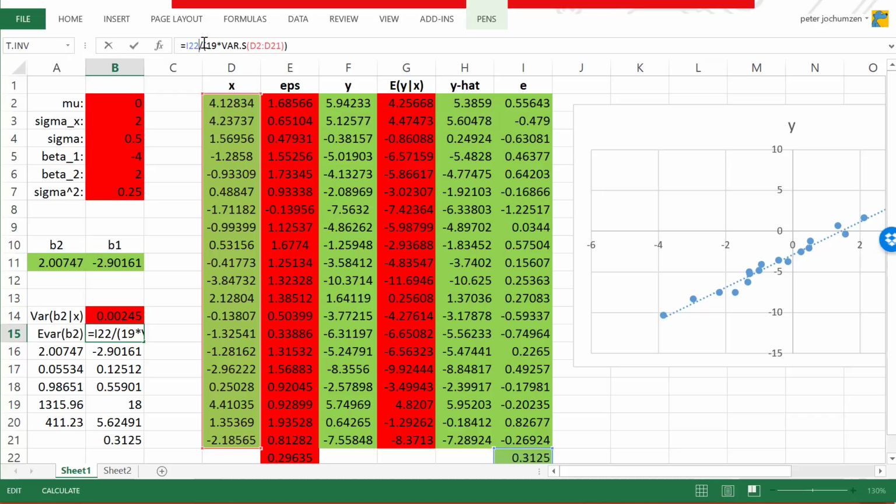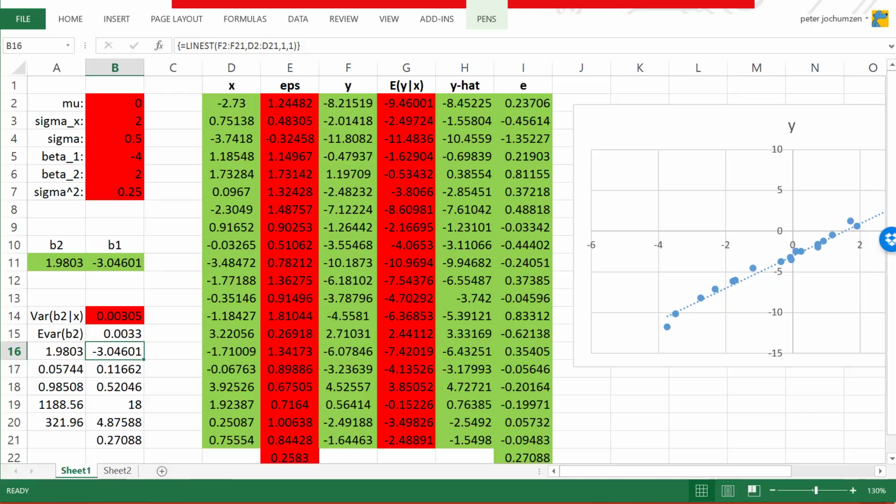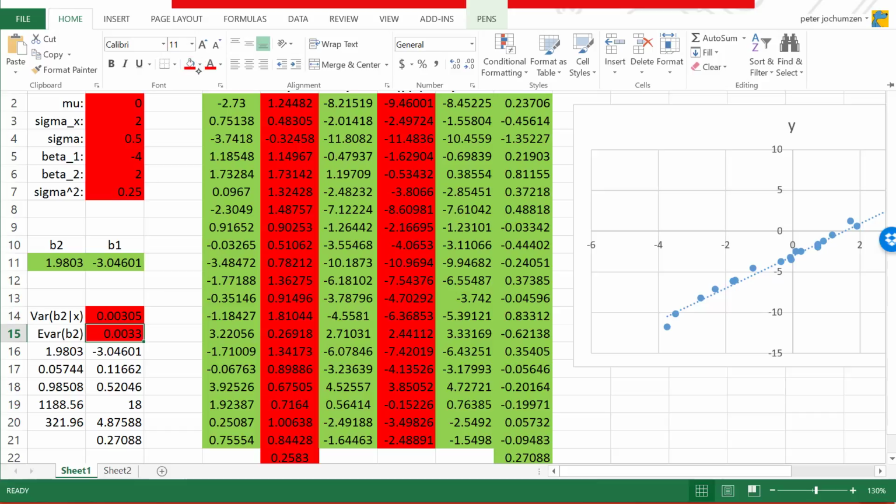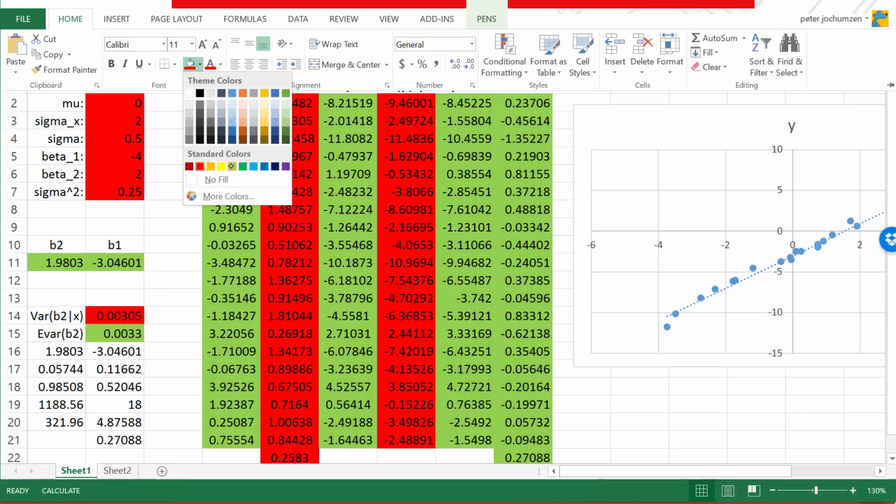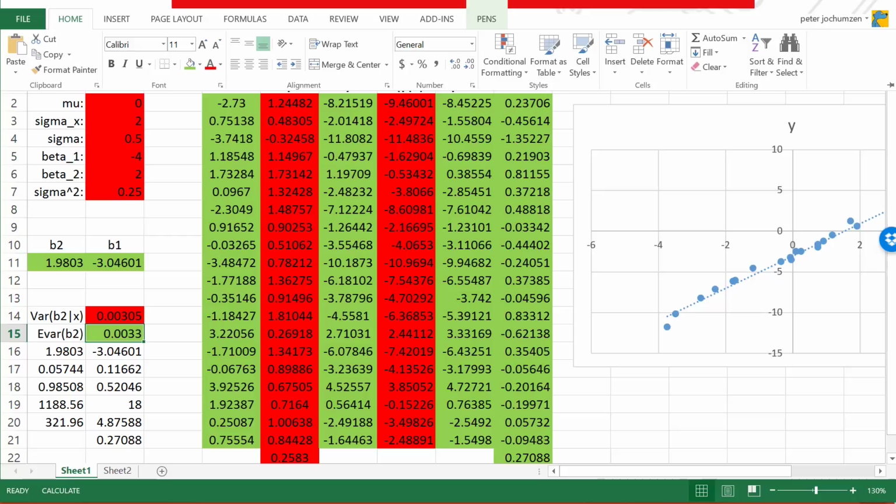But this is now the estimated variance of B2, and the whole point here is I can paint this green. That's just calculated from stuff that we know, so it's green. And since S square is pretty close to sigma square, the estimated variance of B2 will be pretty close to the true variance of B2.